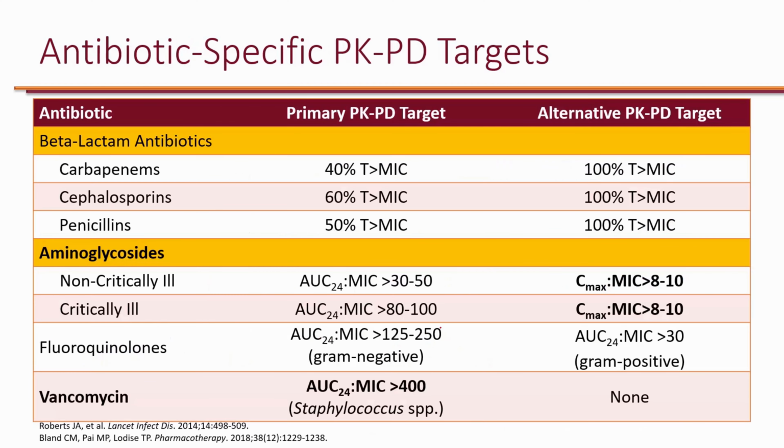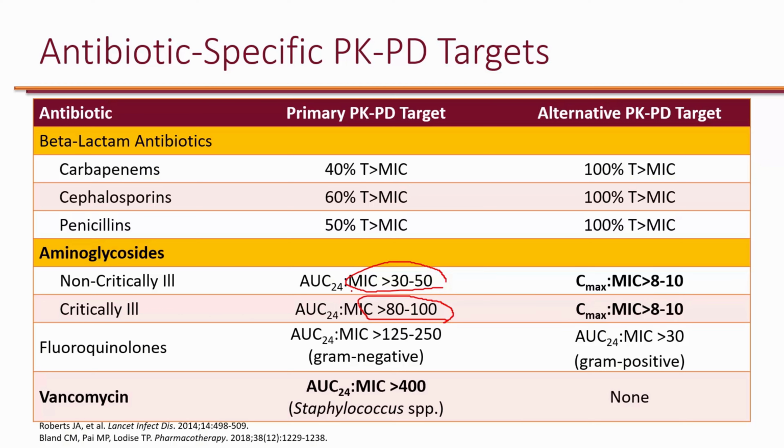Now, here are some PK/PD targets for commonly used antibiotics. So for aminoglycosides, the best PK/PD target is AUC to MIC, specifically for non-critically ill patients it is 30 to 50, and for critically ill patients it is 80 to 100.